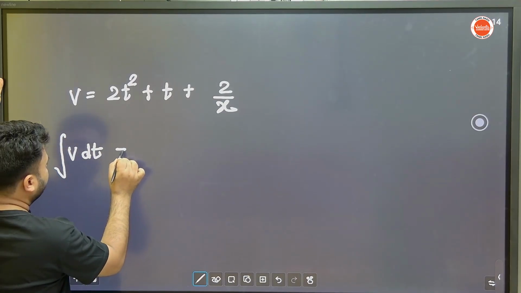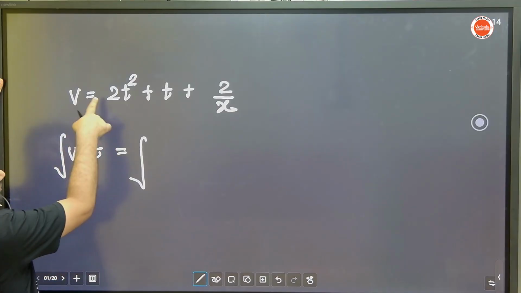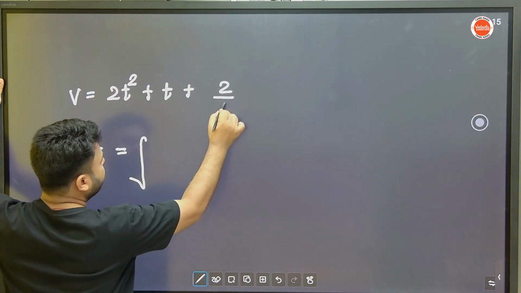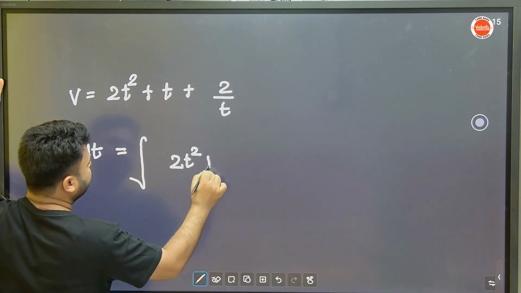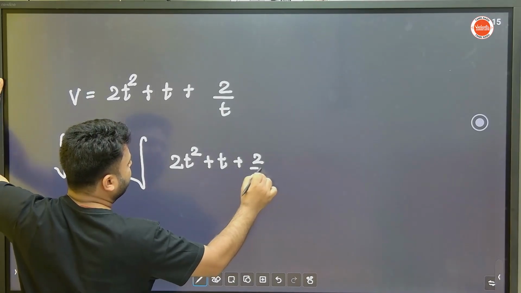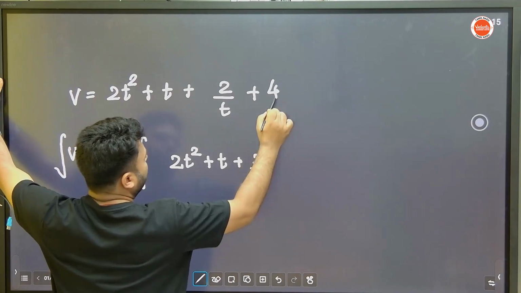Now you will write integration of, what is v? This whole, this is t. So 2t square plus t plus 2 by t. And suppose I write one more thing, plus 4.